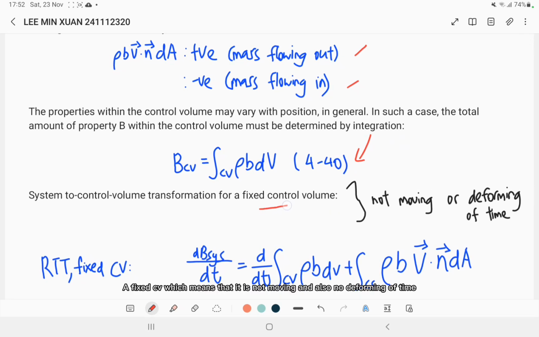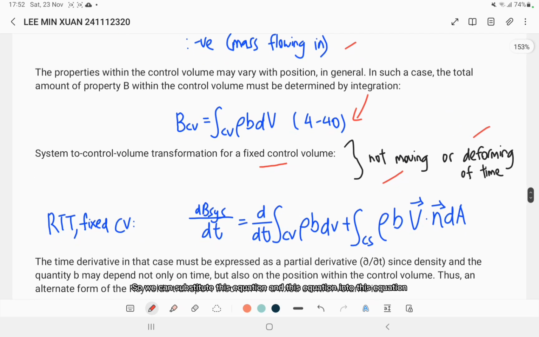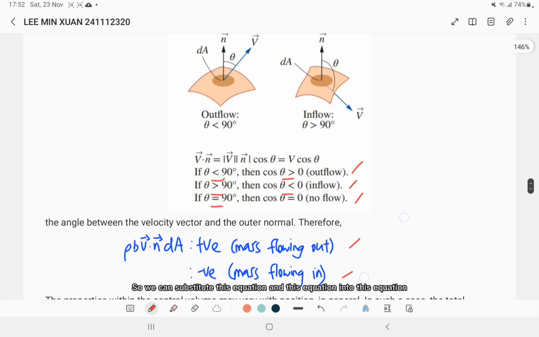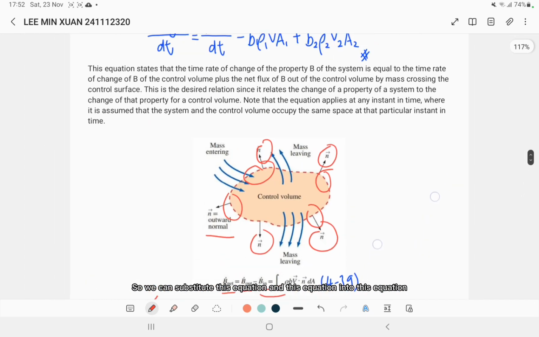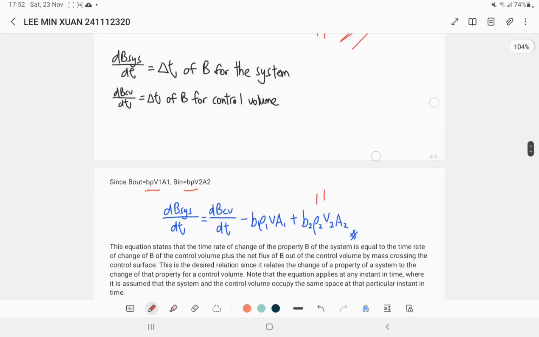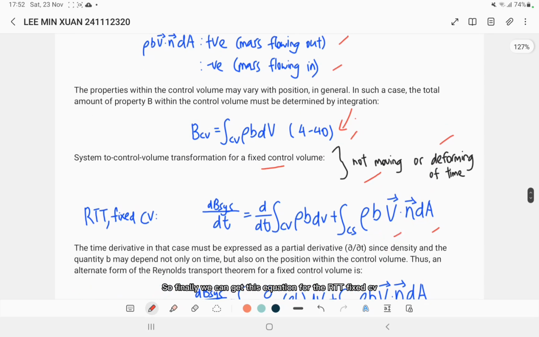A fixed control volume means that it is not moving and also not deforming with time. So we can substitute these equations into this equation, and finally we get these equations for the RTT for a fixed control volume.